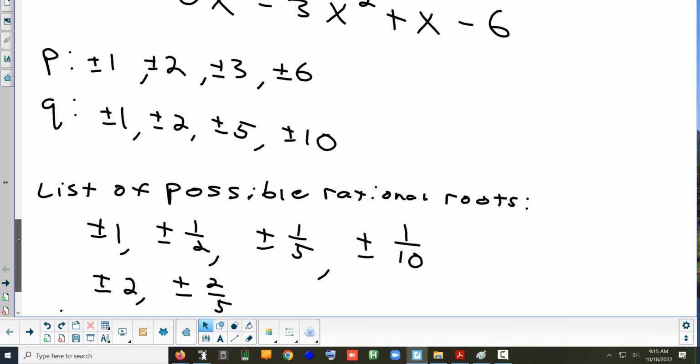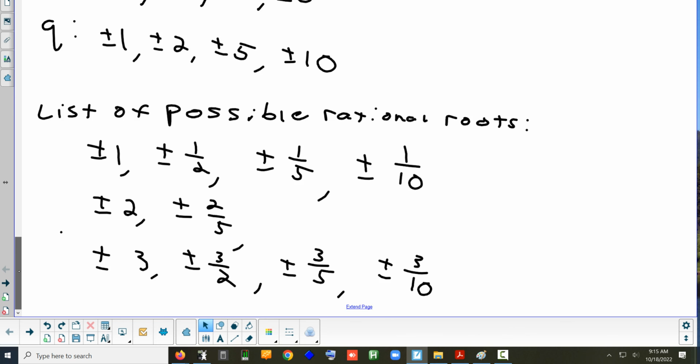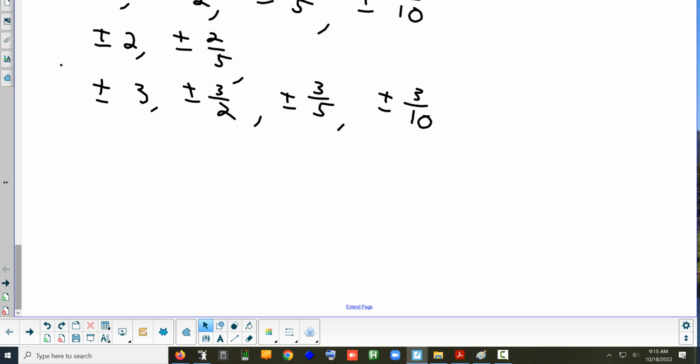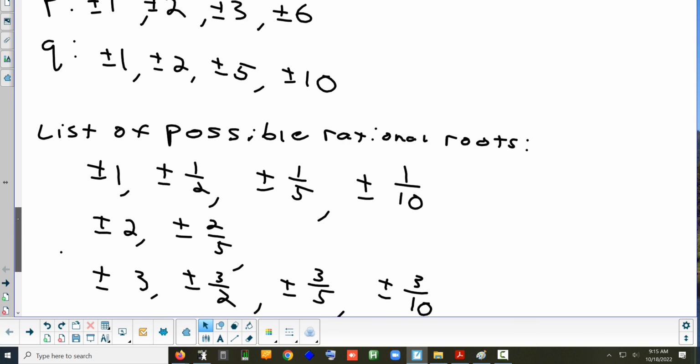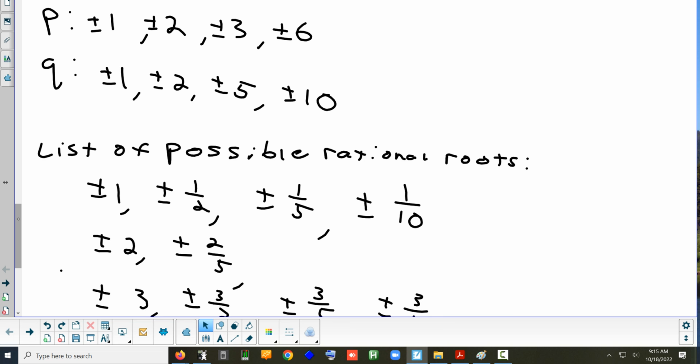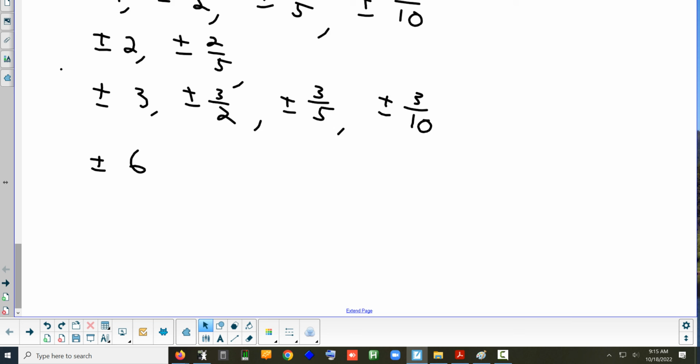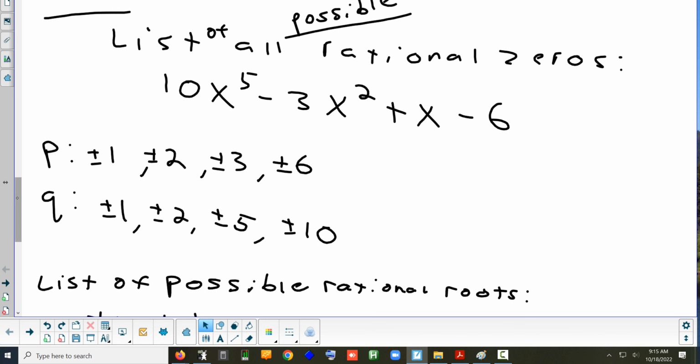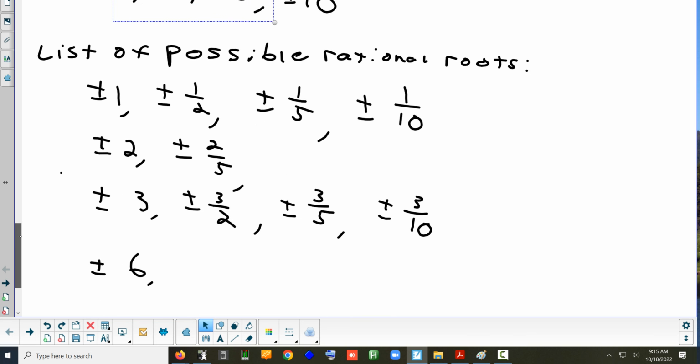Now the last one is with a 6 in the top. So Aiden, what would be my first one with a 6 in the top? Just 6. It'd just be 6/1. What would be my next one? Yep, 6/2. That's 3.